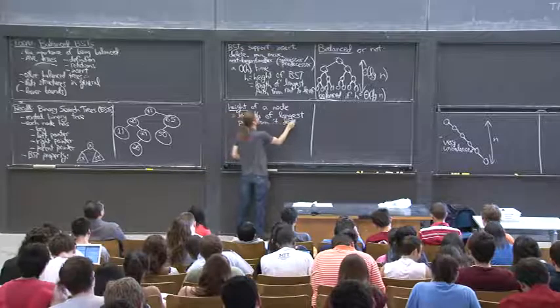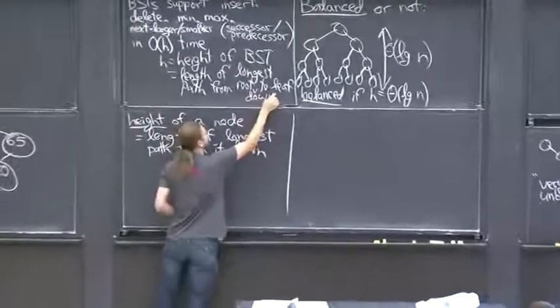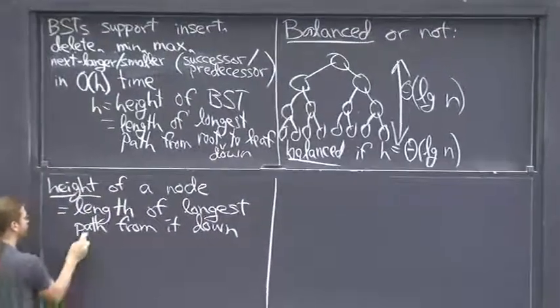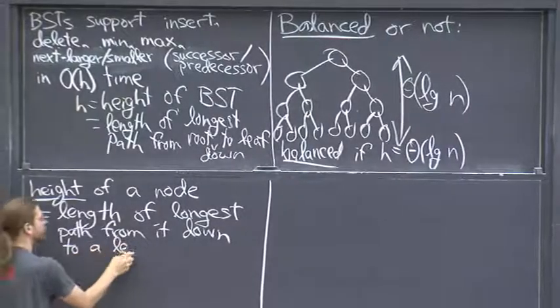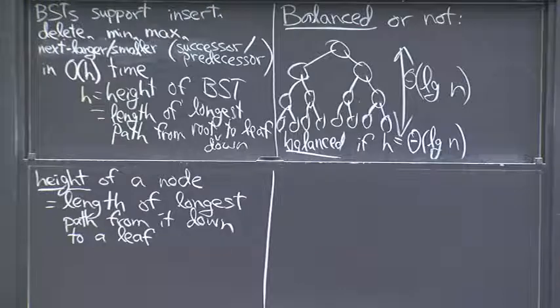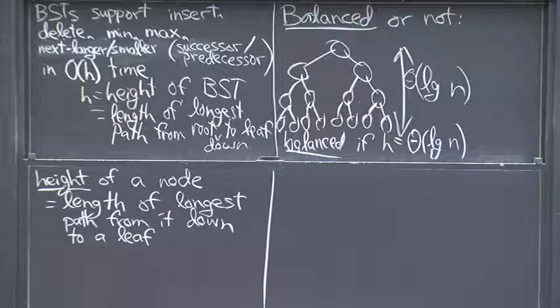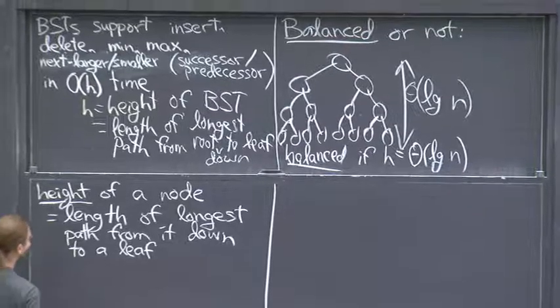Here I should probably say down, to be precise. You're not allowed to go up in these paths. Okay. A cushion. All right, sorry, I've got to learn how to throw.